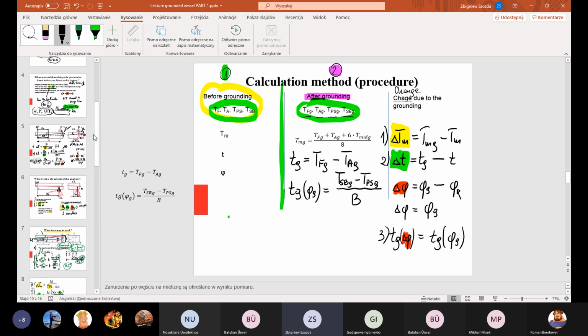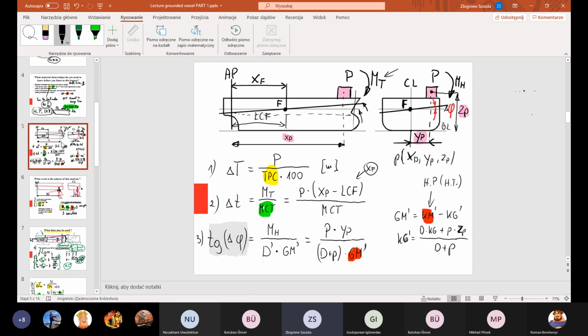We can come back to the formulas we started with and make an assumption. The force acting on our ship is not added weight, but it is external force caused by grounding. And use these three formulas we discussed previously for the purpose of calculation of N, in terms of reaction between the ground and the hull.